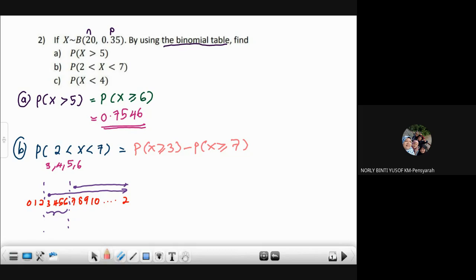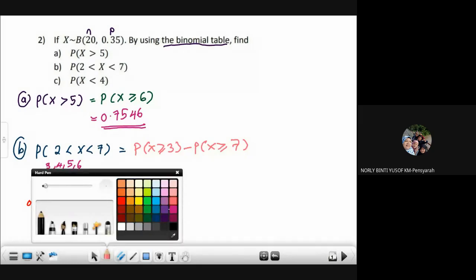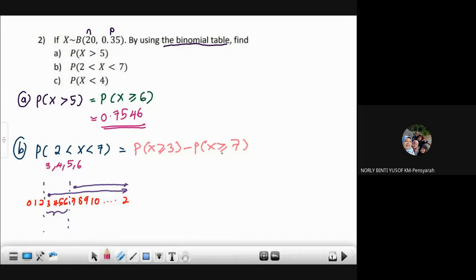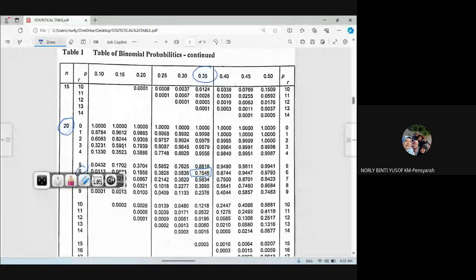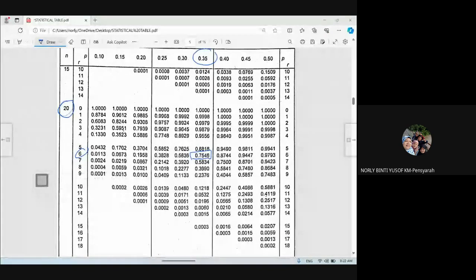Tu understanding lah. Satu dia tunjuk secara number line. Tapi discrete tu kita dapat. So kita dah boleh baca table lah sebab kita dah ada simbol greater or equals to. So 3 dengan 7. Masih dekat N20 P0.35. So N20 P0.35.